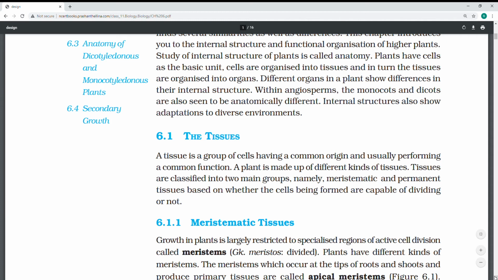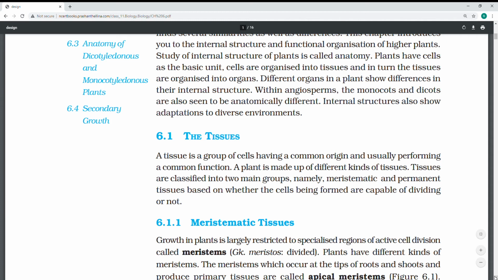Based on origin, meristematic tissues are promeristem and primary meristem. Based on position, they are apical, intercalary, and lateral. Meristematic tissue is nothing but undifferentiated, immature, and embryonic cells capable of continuous division; mitotic cell division happens.